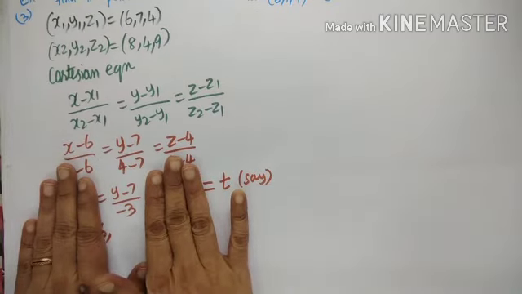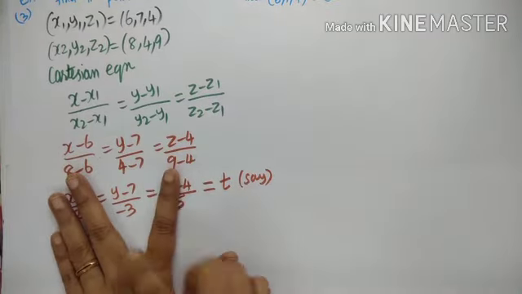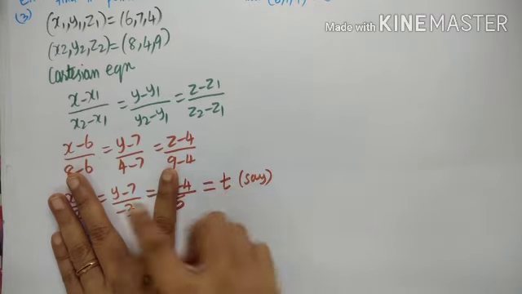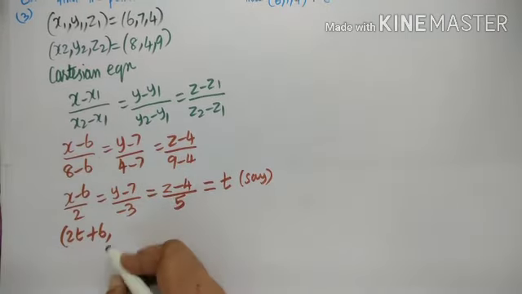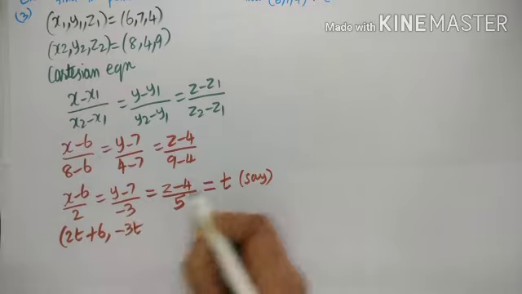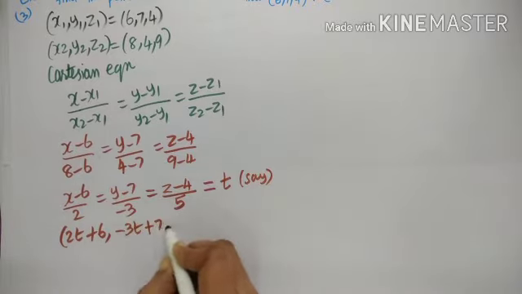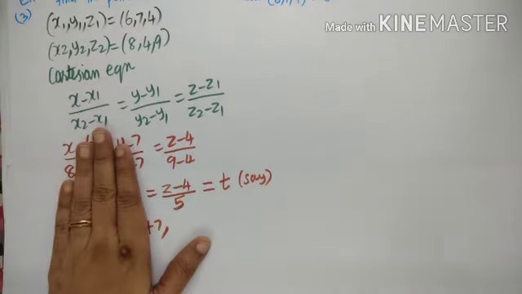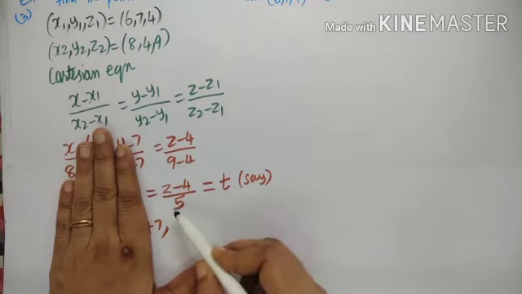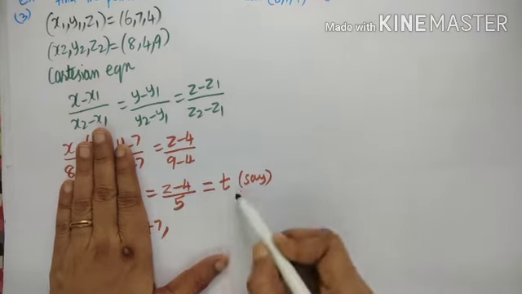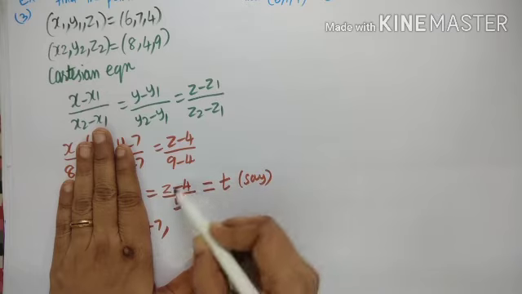I want the y value. Cross multiply: minus 3t plus 7. Similarly, hide x and y. What is the z value? 5t plus 4.